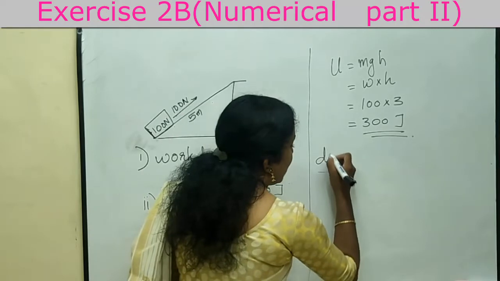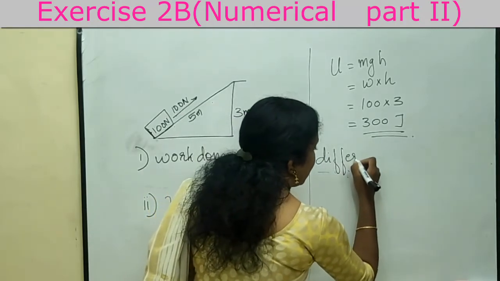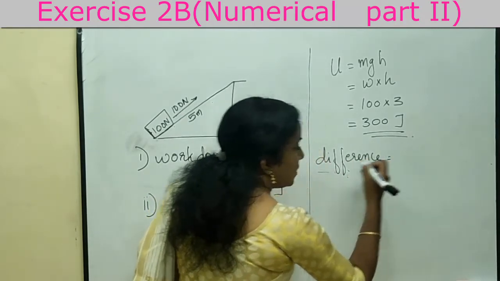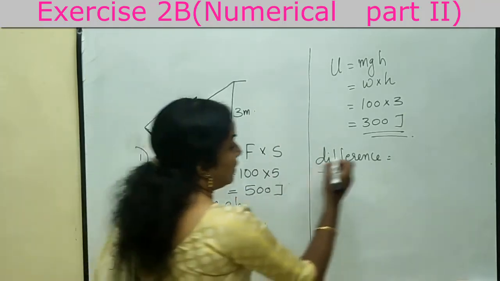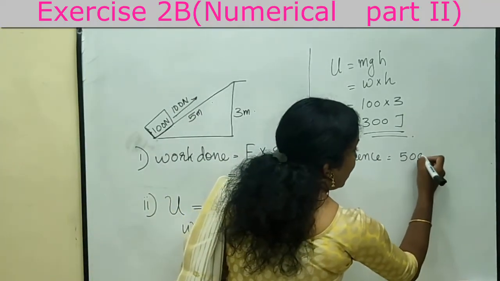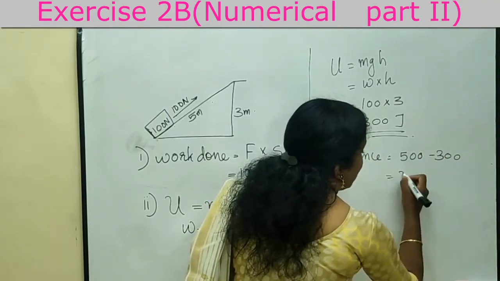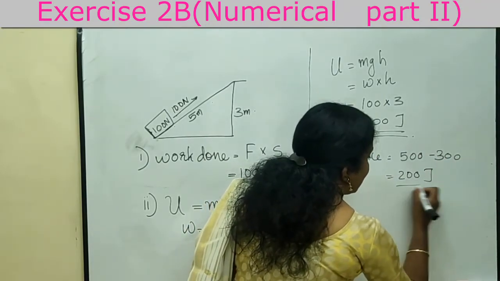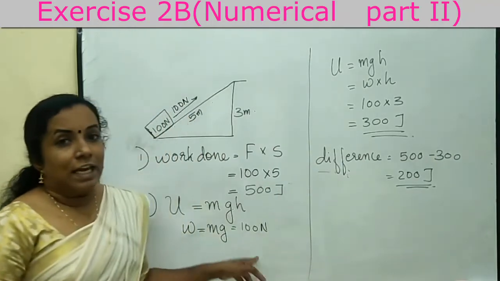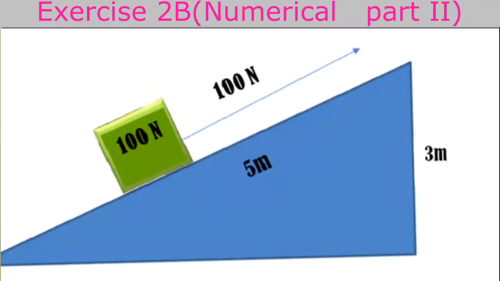The difference in work done and the potential energy is, the work done is 500 and the potential energy is 300. Hence it is 200 joule is the difference in work done and the potential energy. We are sliding this box through a sloping surface.